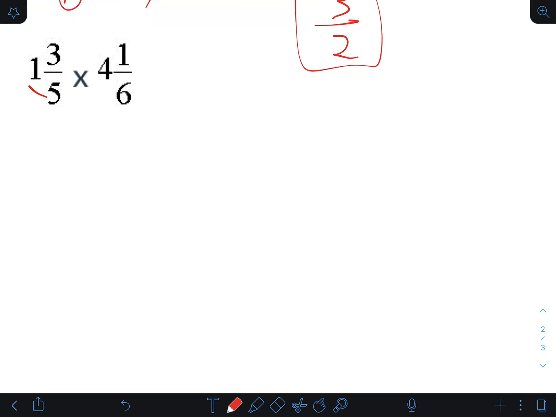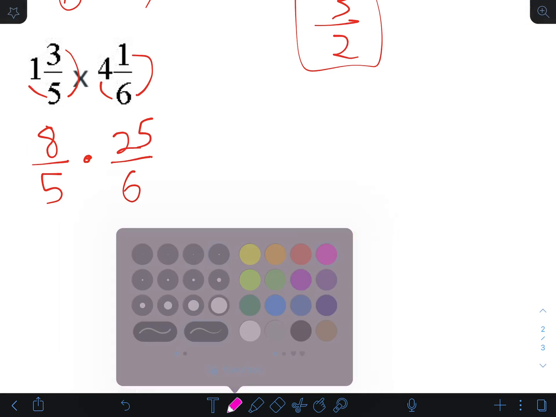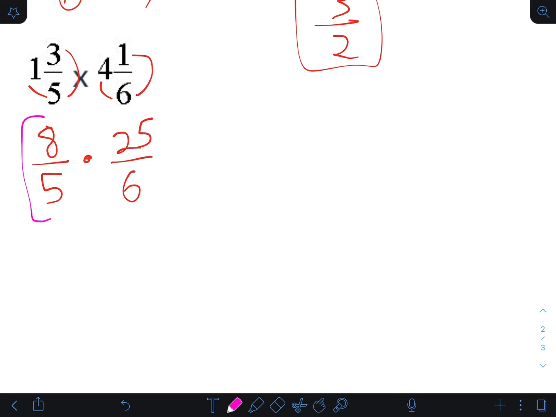One more. 1 times 5 is 5, plus 3 is 8. 8/5. 4 times 6 is 24, plus 1 is 25. Okay? So now, ooh, I don't want to multiply all that. So let's see. Can I reduce 8/5? No. Can I reduce 25/6? No. So switch the numerators.